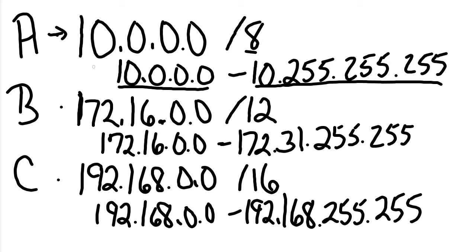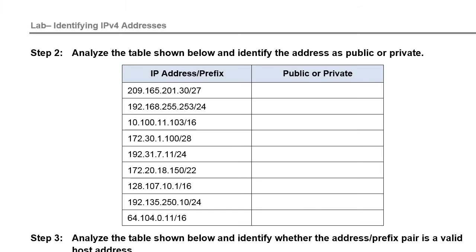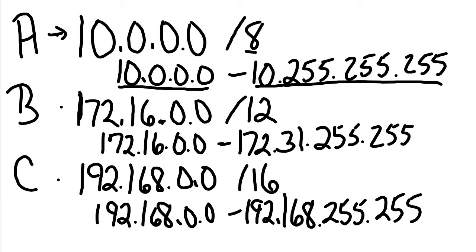So when I'm looking at the sheet that Cisco gives us for this activity, let's take for instance this first address: 209.165.201.30/27. I look at my ranges of private addresses, and do I see that 209 in any of these ranges?